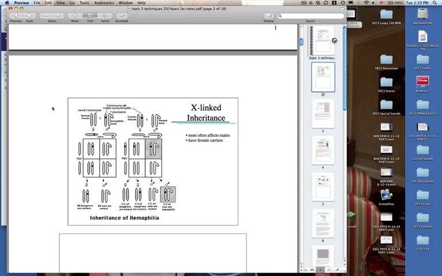Females, right, are going to be a totally different phenomenon when we talk about X-linked diseases, okay? So males that have the X-linked mutation are immediately going to show that phenotype. Females, on the other hand, can be carriers that show absolutely no phenotype, or they can have two bad copies, in which case they would show the phenotype.